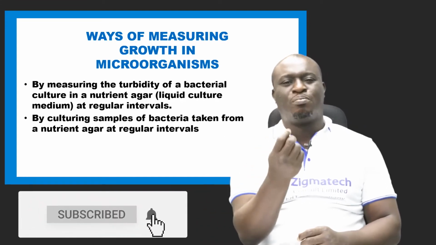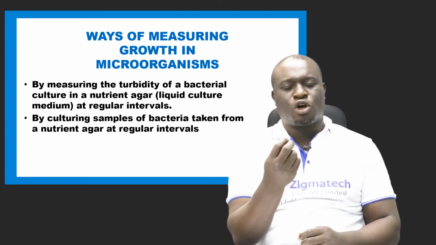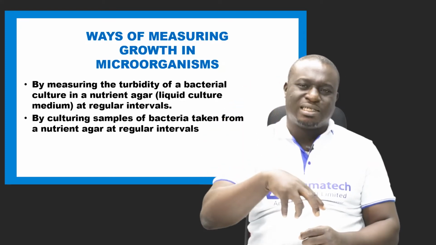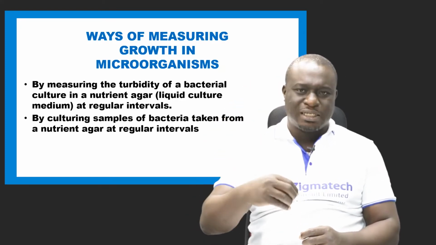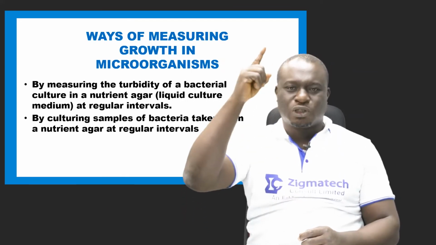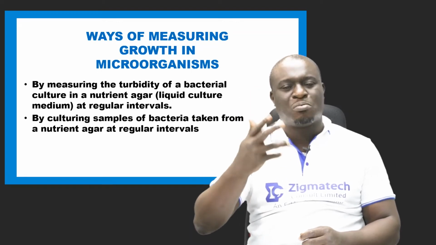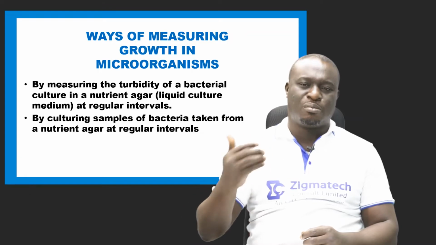You measure the turbidity, because the more turbid that liquid broth or liquid culture is, the more microorganisms are present in it. That shows more growth. So if it becomes highly turbid, it means that growth rate is high. But if it is a bit more transparent, it means that the growth of the microorganisms is not much.